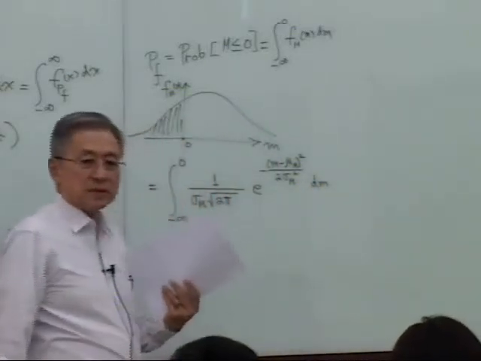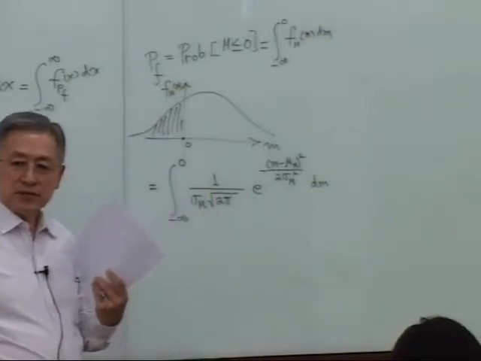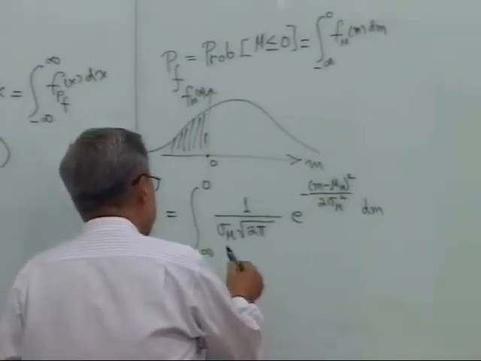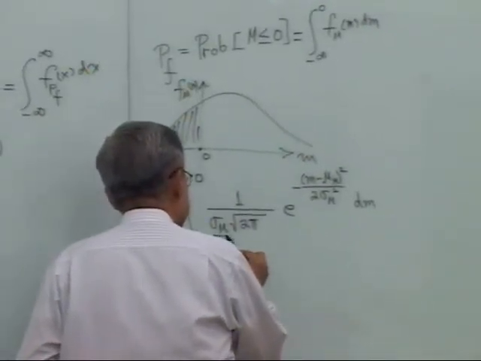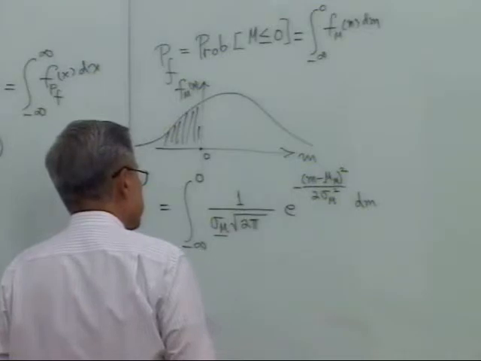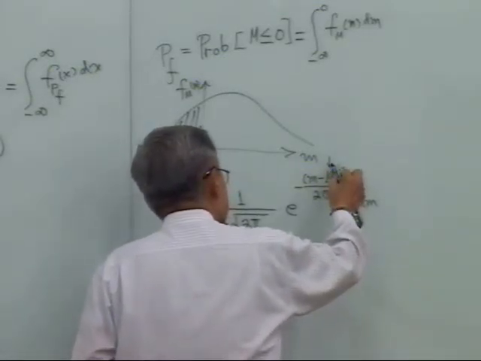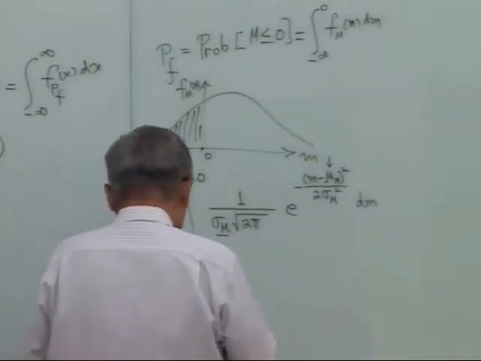I just plug in the normal density function there. So we know the standard deviation of the safety margin, and we know the mean of the safety margin.